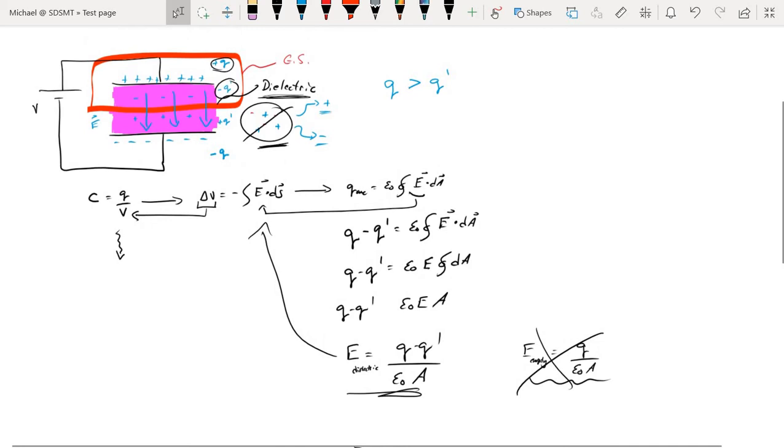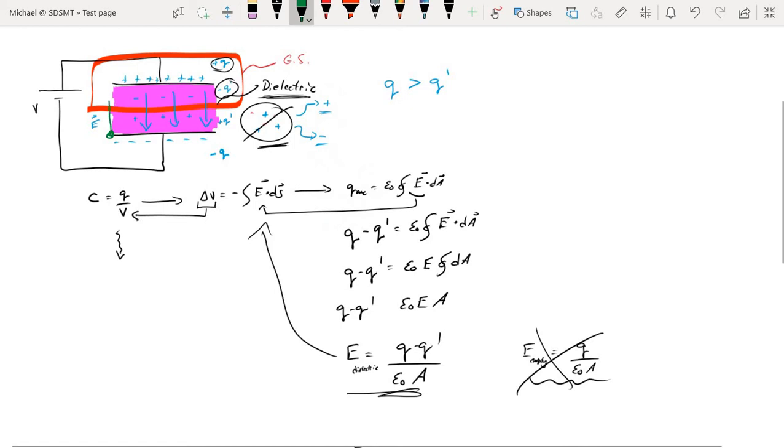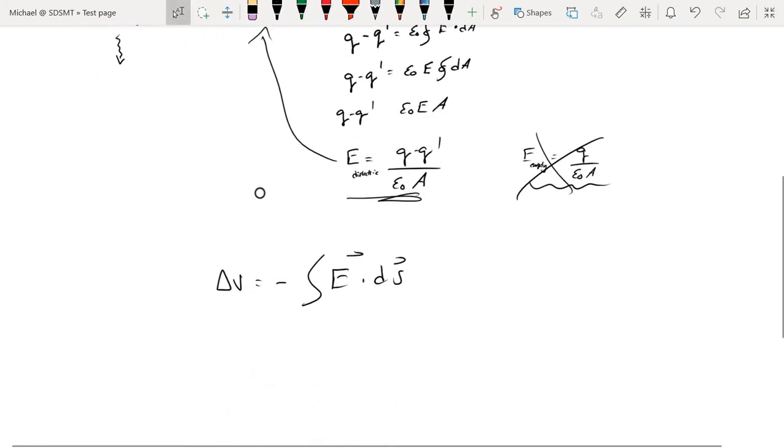The author had this thing about integrating from the negative plate up to the positive plate. And in doing so, the displacement vector ds pointed in a direction that was opposite of the electric field vector. And that resulted in a -1 when we evaluated the dot product. And that just turned the minus sign out front into a positive.